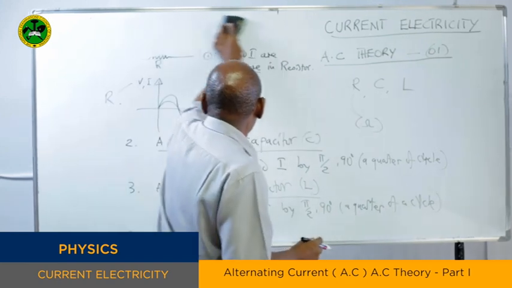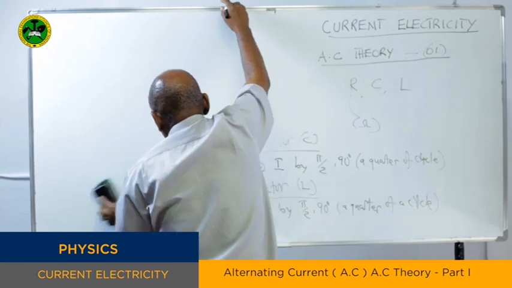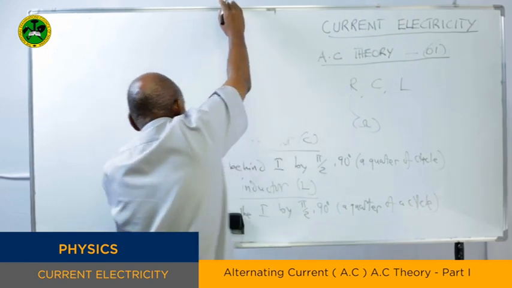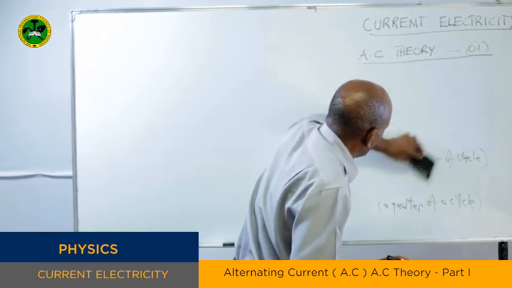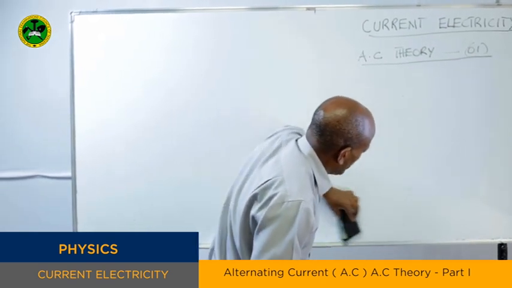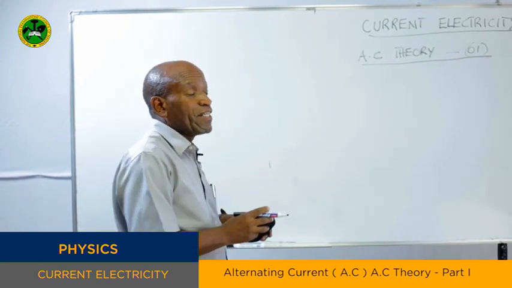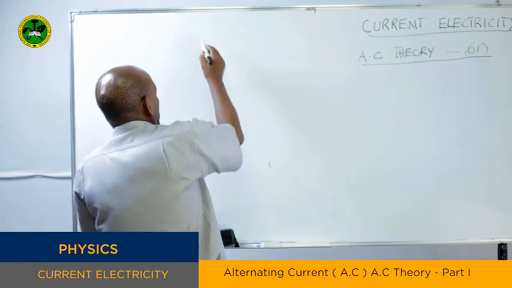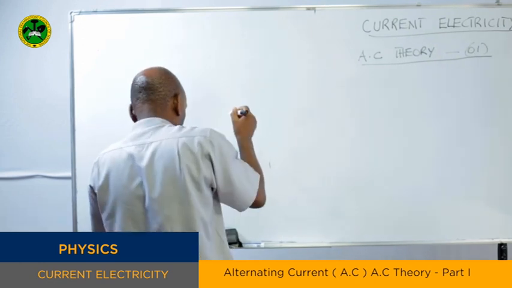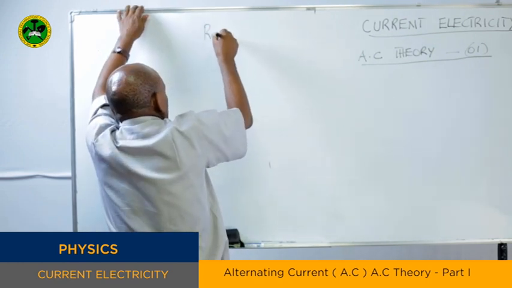Let us look very quickly at these two behaviors. For a resistor it's very easy because we had been dealing with resistance even in O level. But here comes what we call reactance, which is obtained in an inductor or in a capacitor.